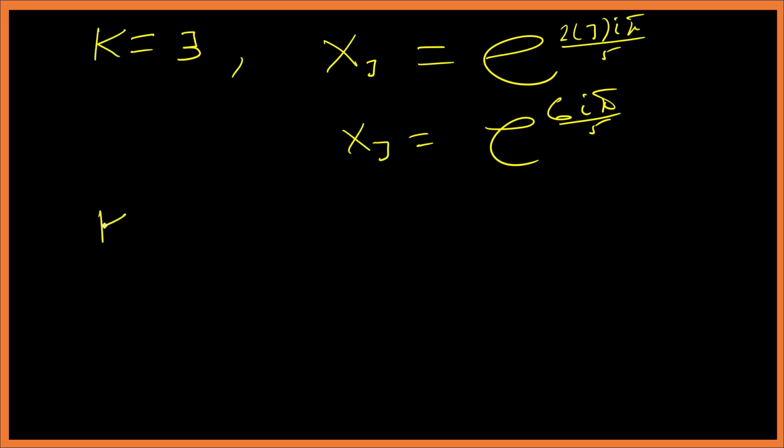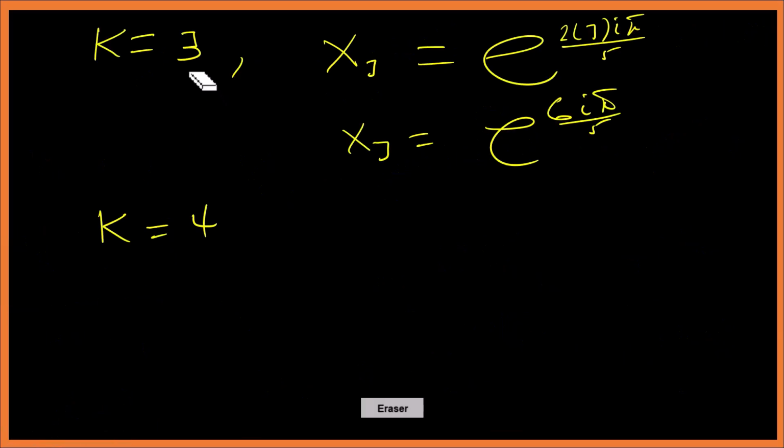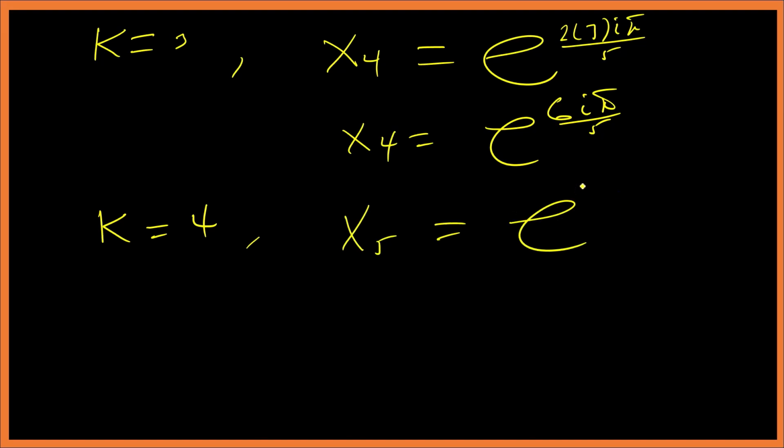And when k equals 4, we are left with the last solution, x5, which is e raised to 2 times 4 i pi on 5.